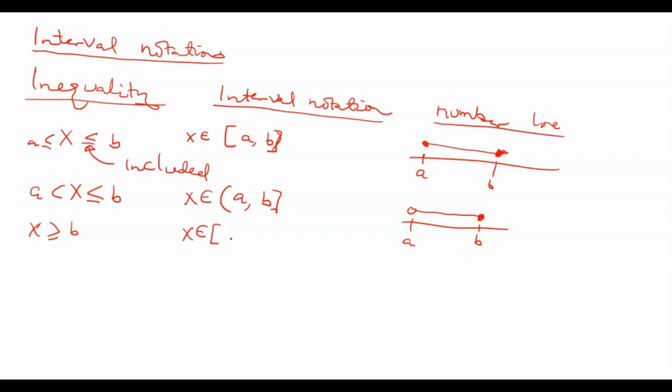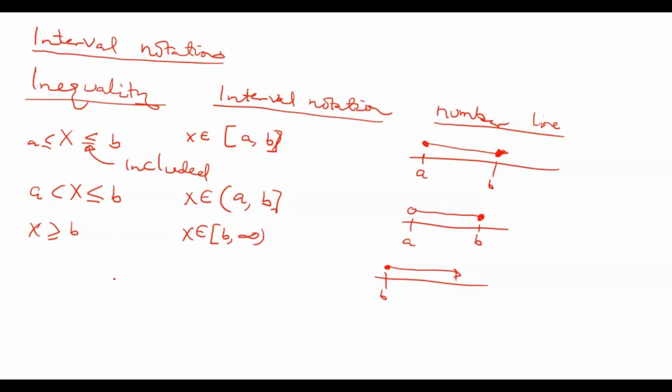We use a square bracket, and we don't know where to finish, that's infinity. On the number line, we use a closed circle and an arrow to indicate that it keeps going.